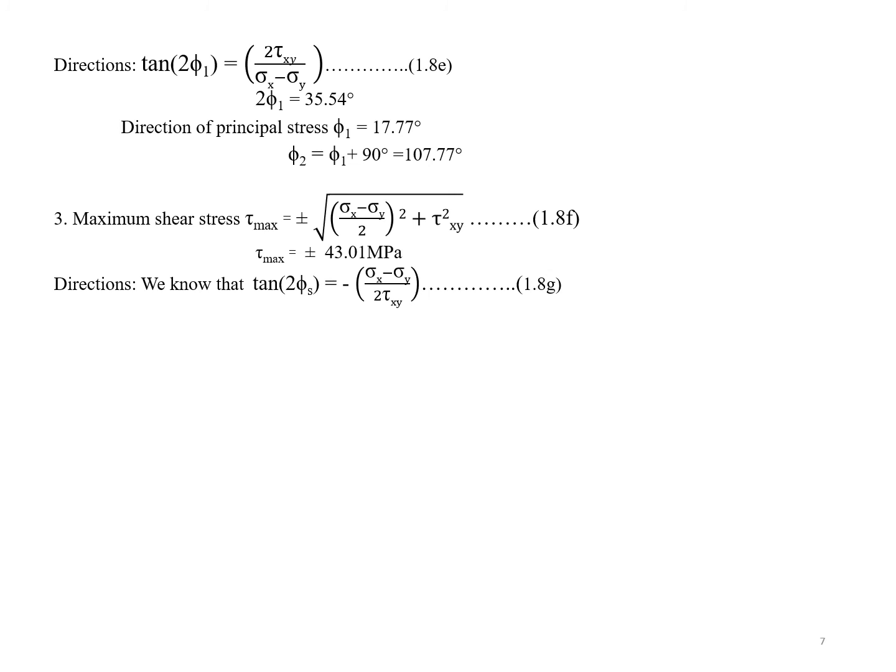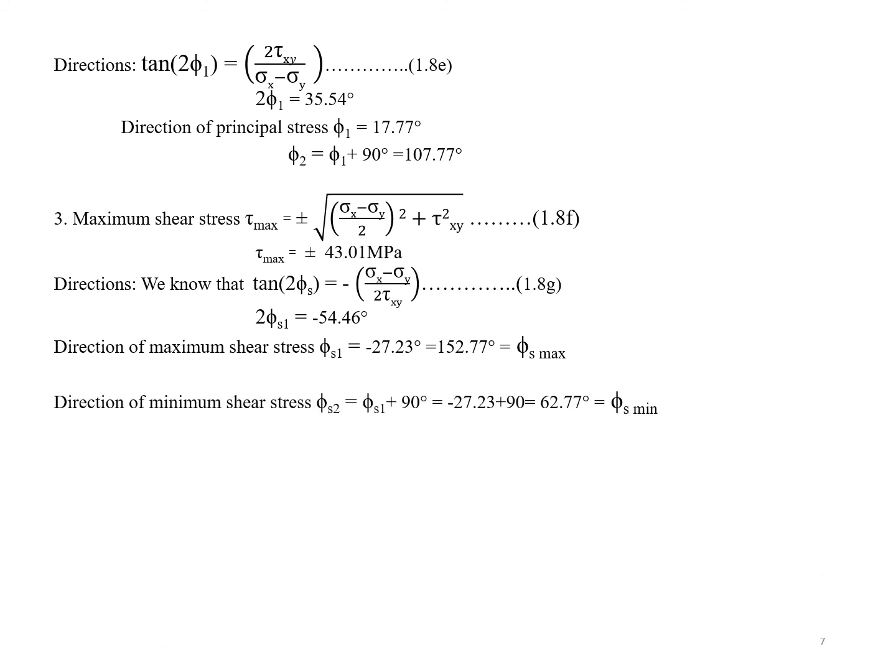You can get this equation from 1.8g, and it comes out to be phi s1 as minus 27.23 degrees. Or else you can rewrite it as 180 minus 27, nothing but 152.77 degrees. It's nothing but the direction of maximum shear stress.